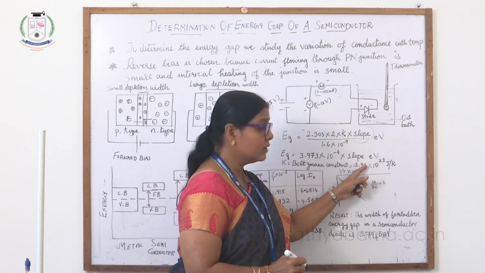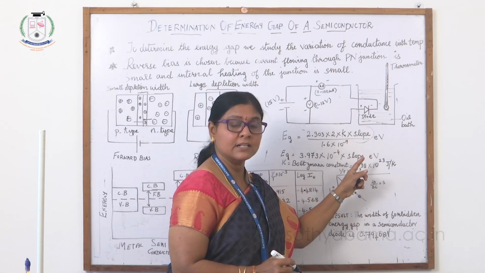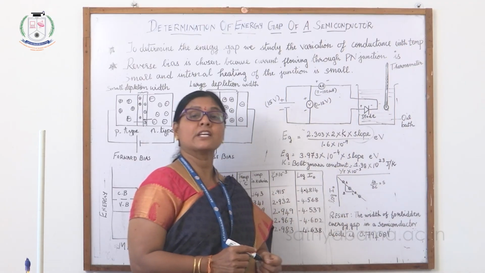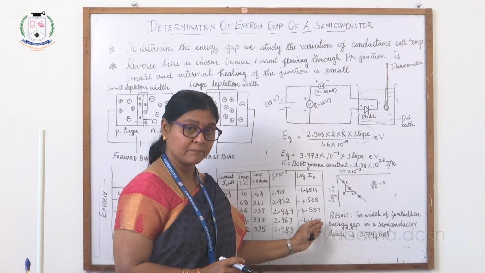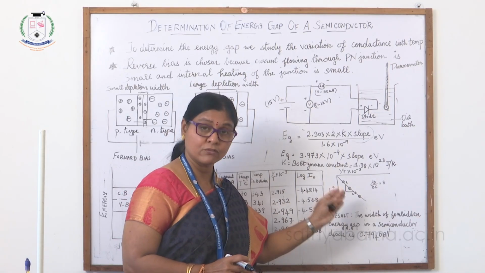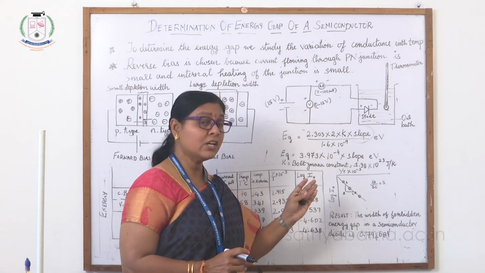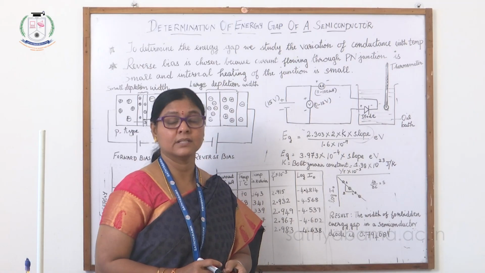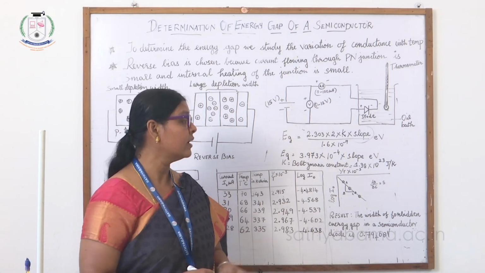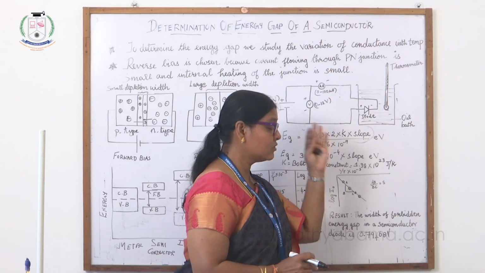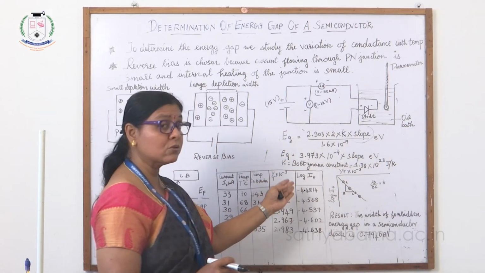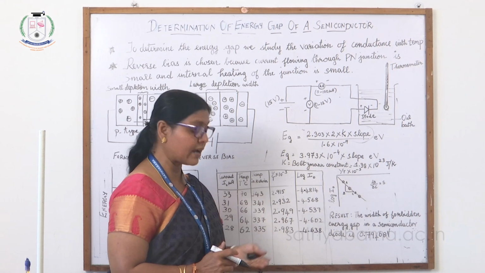Now, in order to determine the slope, we are going to make use of the readings from our tabular column and plot them in the form of a graph. We are going to measure the slope obtained from the graph and substitute in this equation. So let's go about how to plot a graph.